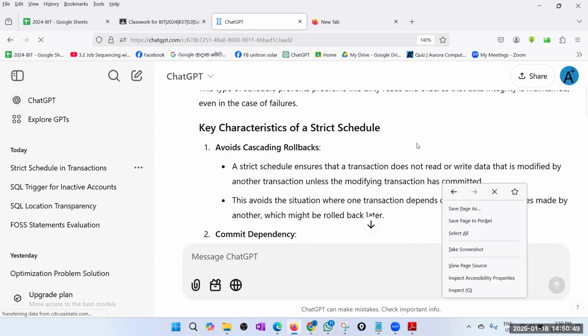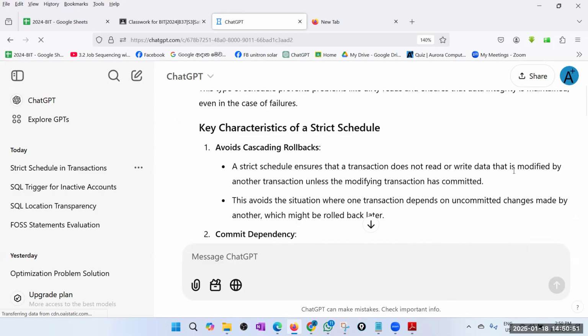Strict schedule ensures that a transaction does not read or write data that is modified by another transaction unless that modifying transaction has committed. So if another transaction has read or written something, say transaction 1 has already read or written that data, but it is not committed yet, now you wait until that transaction commits for you to read or write.